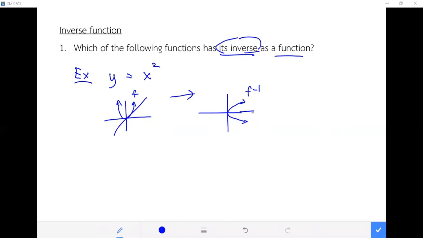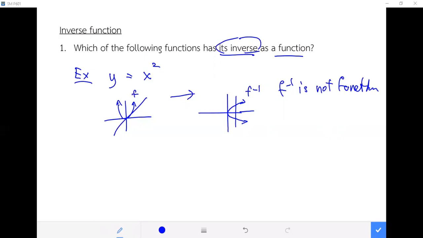Is it a function or not? We use the vertical check, remember, like rainfall. So it's not a function. F inverse is not a function because it doesn't pass the rainfall check, or the vertical check. So what does it mean?